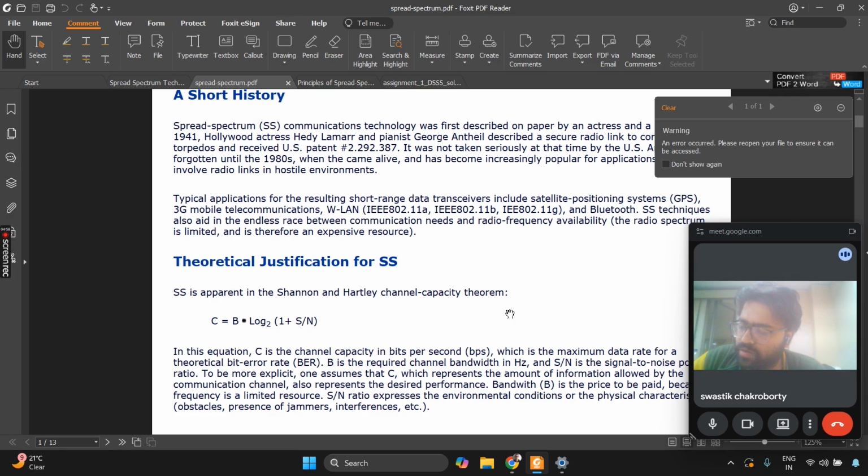Spread spectrum technology is one of the key enablers of code division multiple access. Code division multiple access was used in 3G communications, and even today in military technology, spread spectrum is used because it is reliable.